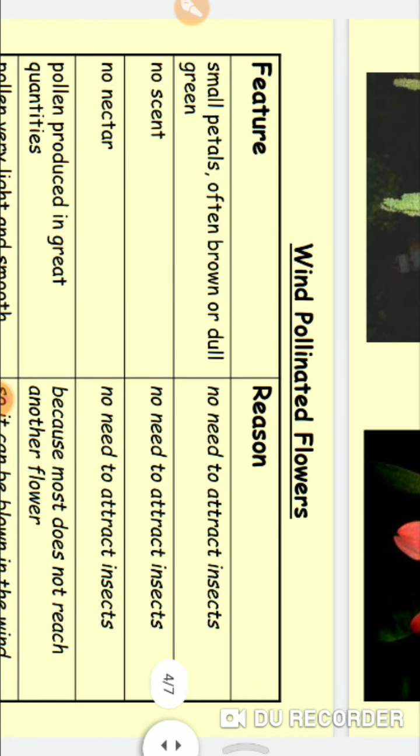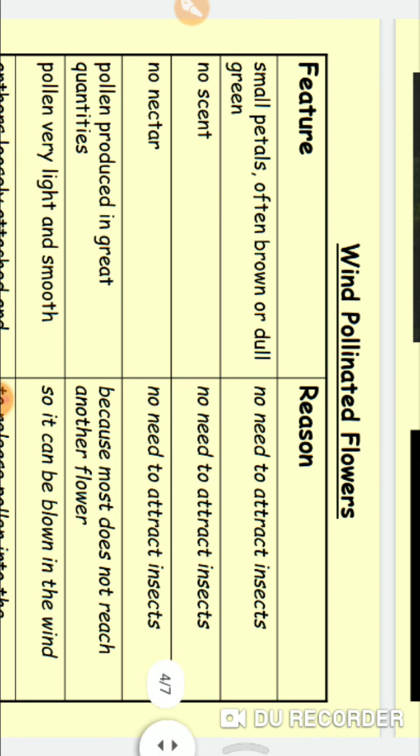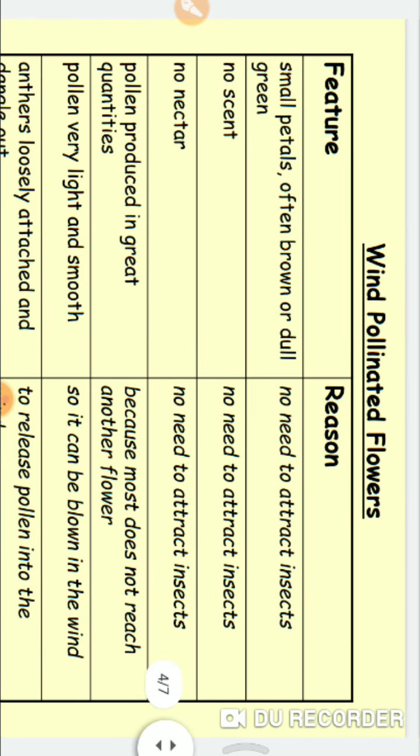First we'll see the wind pollinated flowers. They have some adaptations and are called anemophily, that means the pollination which takes place through wind. What are the adaptations of these flowers?